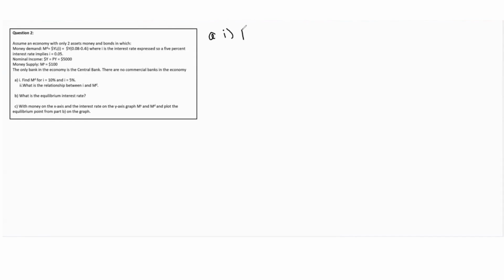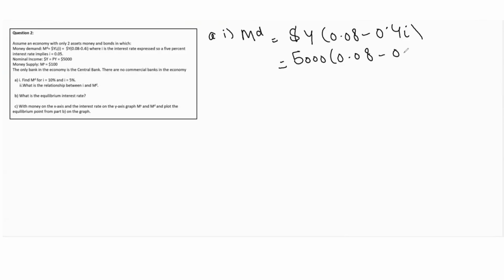So the first part is, money demand is $Y times (0.08 minus 0.4i). For $Y, we know it represents nominal income, which is 5,000 in this case. Now we can simplify this as 400 minus 2,000i.